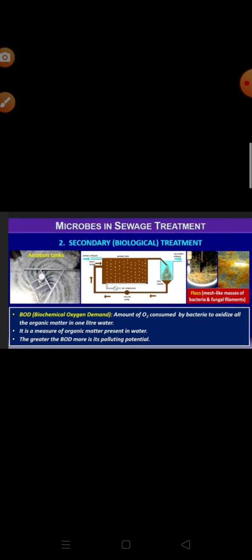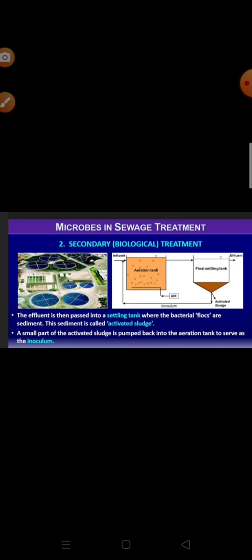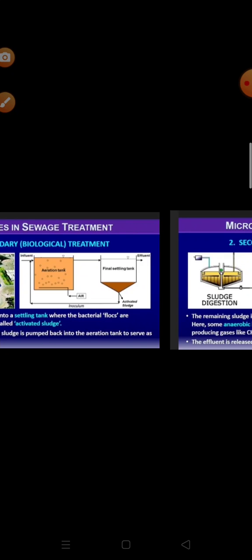Okay, now this biological oxygen demand, I said BOD, it refers to the amount of oxygen which is consumed if all the organic matter in 1 liter of water is oxidized by bacteria. Biological oxygen demand measures the amount of the organic matter in water by measuring the rate of oxygen uptake by the microbes.